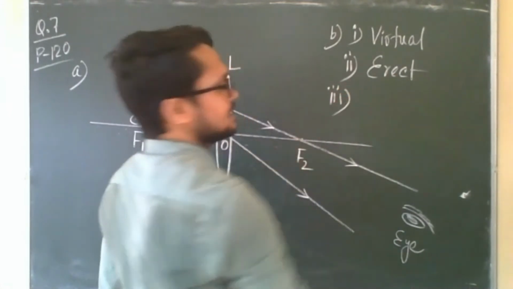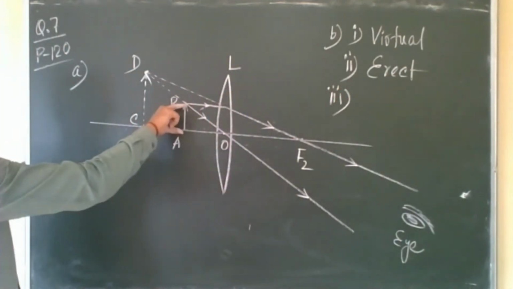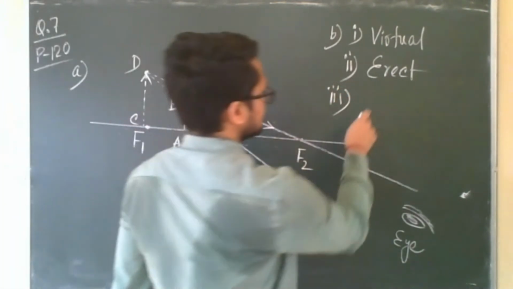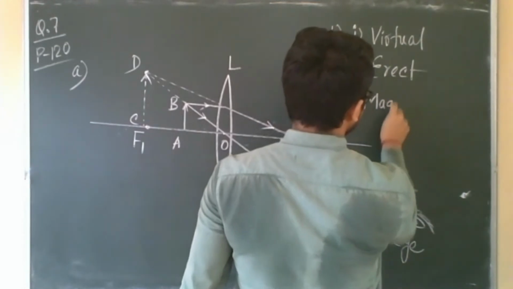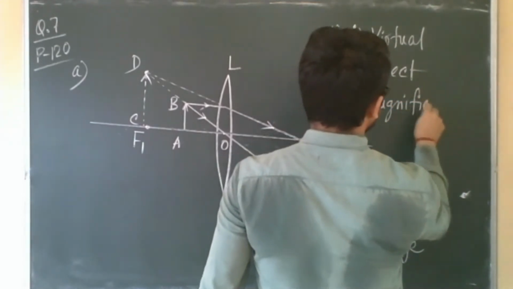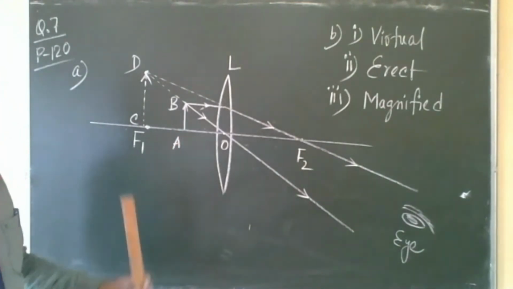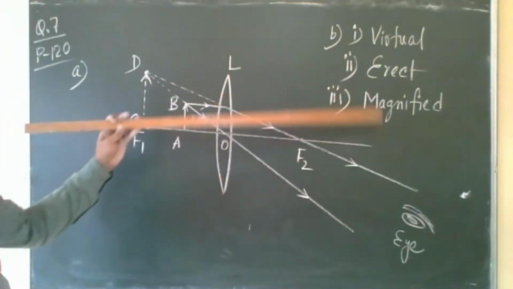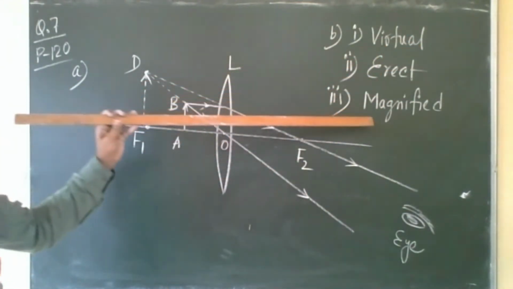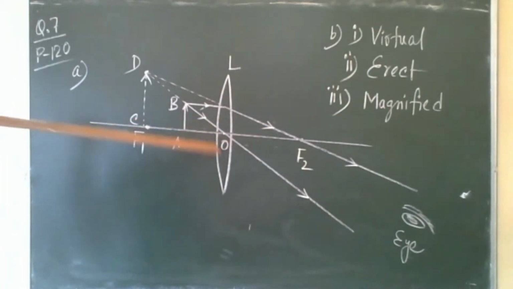And third, with respect to the object, the image is magnified. So these are the three characteristics in relation to the object: virtual, erect, and magnified.